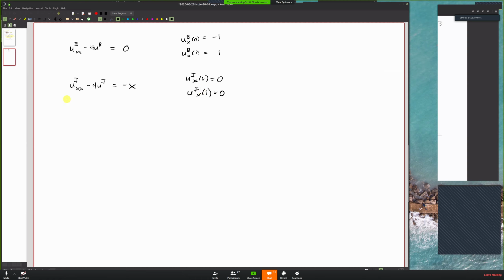Just out of curiosity, you can rewrite this. You don't have to solve this problem. It's sort of for no other purpose than identifying p and q and connecting it to the Rayleigh quotient. This can be rewritten as u_xx minus 4 u_I, right? In which case w is just 1, and p is just 1, and q is negative 4.